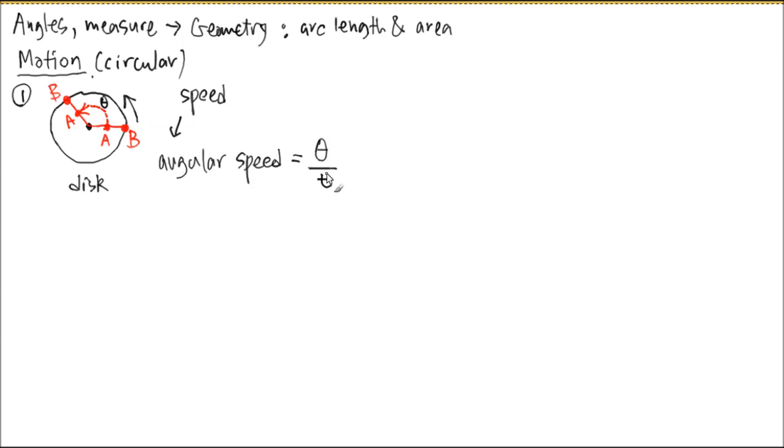That is the definition, the idea of measuring how fast the angle changes, right? If this happened in a short period of time, this is going to be larger. If it's a longer period of time, then theta, the same amount, is divided by a larger number, it becomes smaller. The speed is small, things like that.